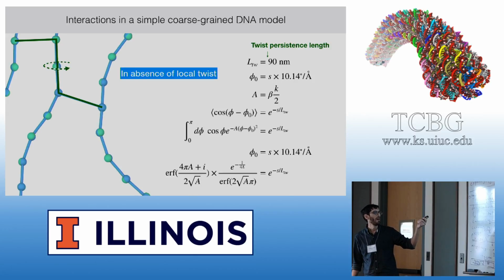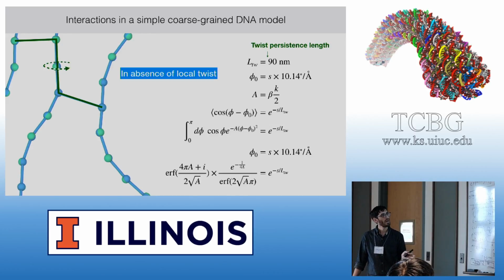So this is the solution to that integral. This basically captures the twisting structure when you don't have a local representation. So it's only for the coarsest model that we use.